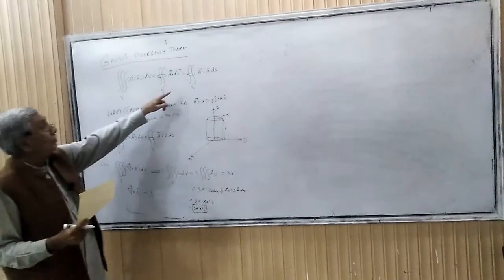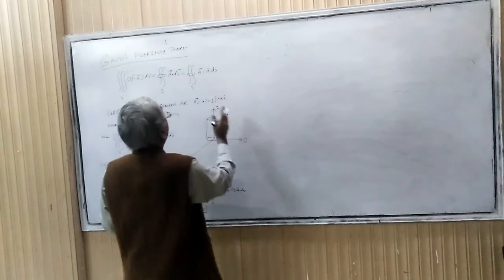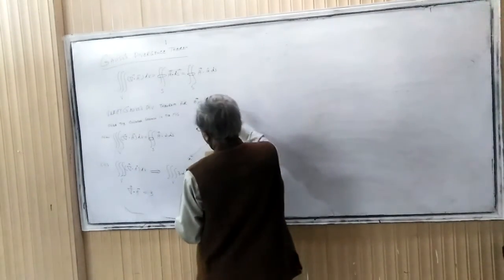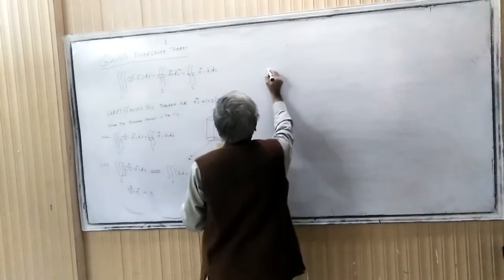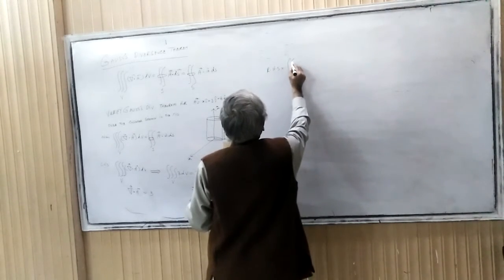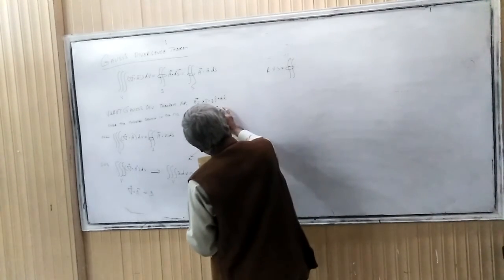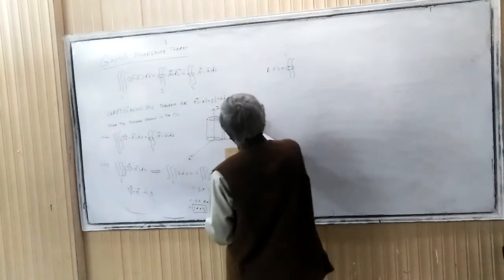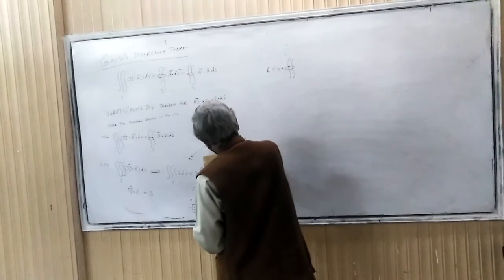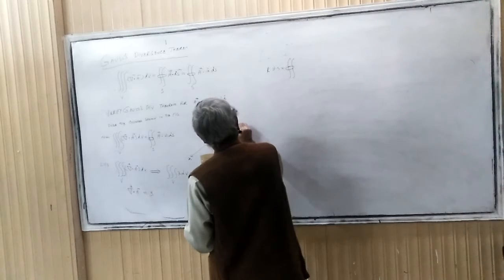Now, in order to prove this, the cylinder consists of 3 surfaces, so if you calculate the right hand side, it will be the integral over the upper surface S1, the lower surface S2, and the curved surface S3.